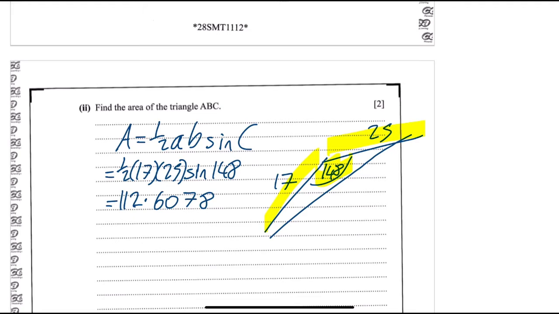Checking on the front of the question paper, it said give answers to 3 sig figs, so 113 kilometers squared. But I would keep this in as part of my working. I would definitely show that, and you'll see me doing that in the next part of the question as well.